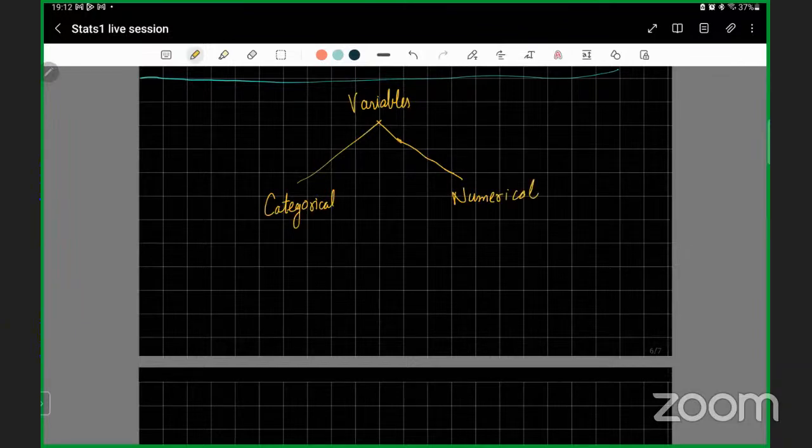So when you say categorical variable and numerical variable, from the numerical variable it is clear that you are going to talk about something related to numbers, right? So first of all, what is a variable? Something that varies, that changes, as and when needed or required.